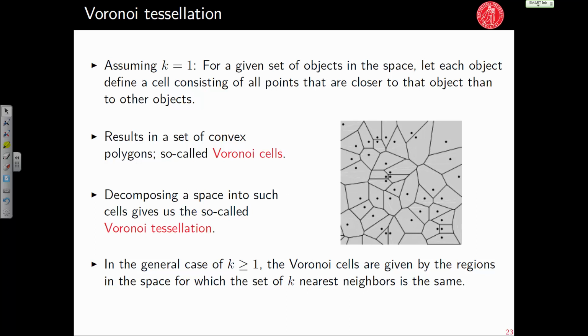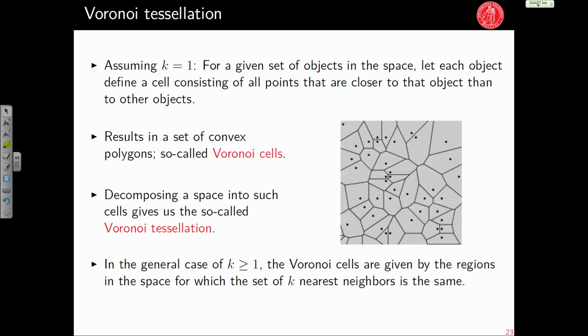If K is higher than 1, then the Voronoi cells will be the set of points whose K nearest neighbors are the same. This is just a visualization of the decision boundaries that are drawn if you have K nearest neighbor. But these are decision boundaries per data point.